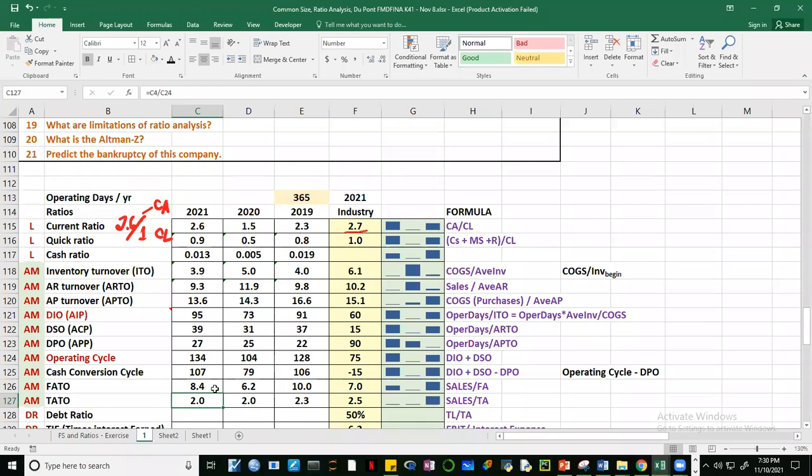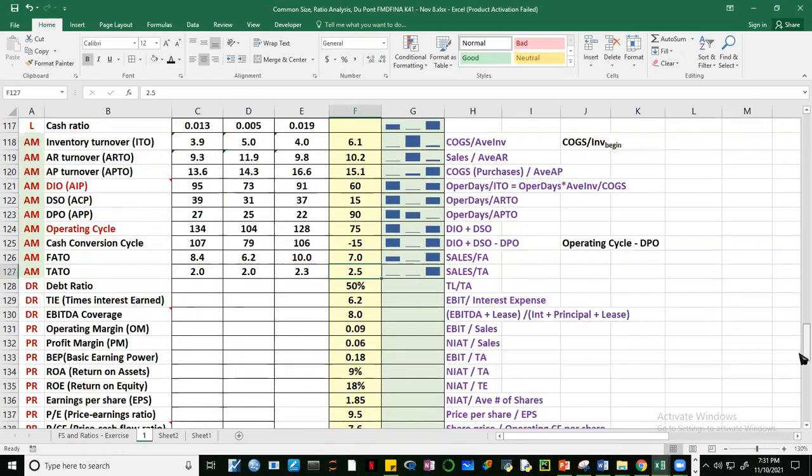So in terms of FATO, in terms of fixed asset, the company even outperformed the industry kasi sa industry 7 lang yung average. Pero in terms of TATO, in terms of being able to generate sales based on the total assets, the industry average was better kasi 2.5 siya.